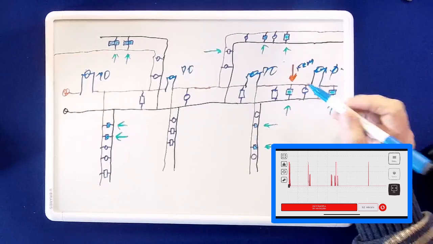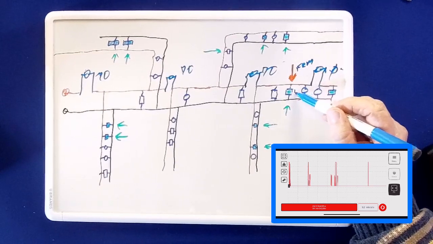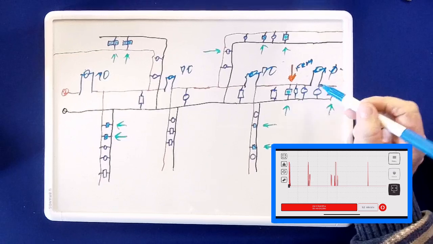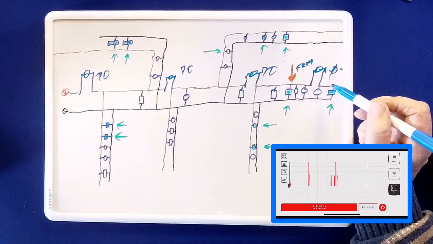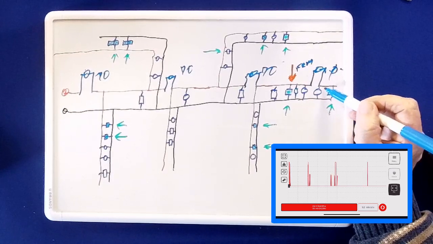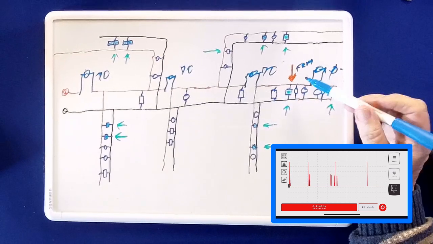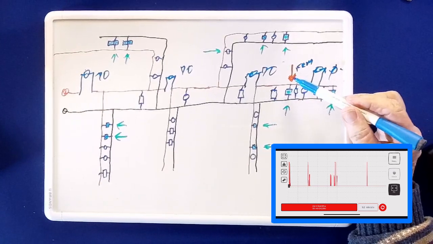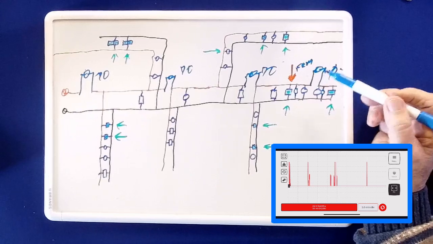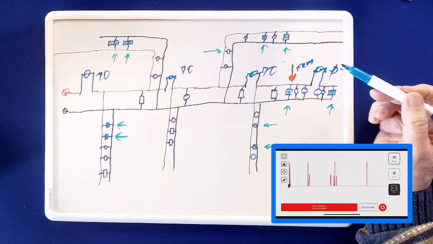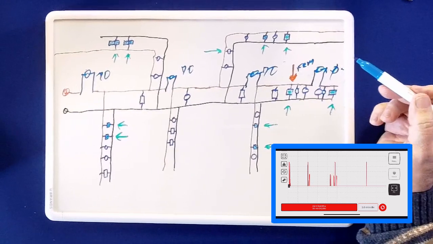Let's say you've got a couple more modules in here. Let's say you got a module there, and maybe another module here. So let's say you've got 4 modules on this circuit after this point. Or here's 2 modules.